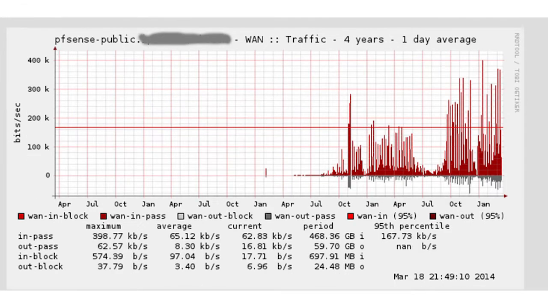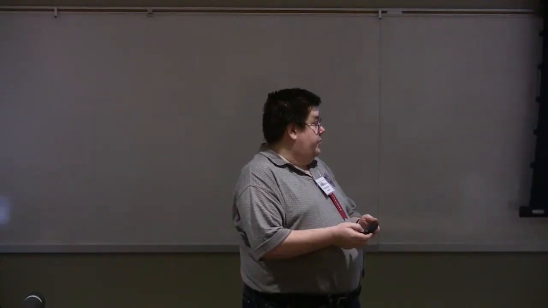And then here's our 4-year moving average. I put it into place around July to August of 2012, but you can see my October 2012 spike there for Hurricane Sandy, or Superstorm Sandy. But our homeschool group has been using a lot more data right now.